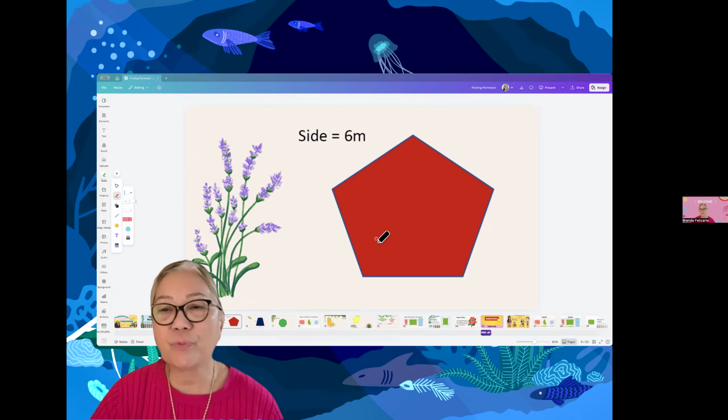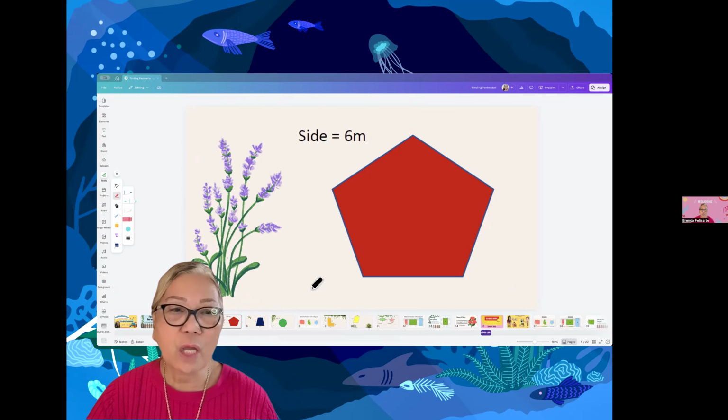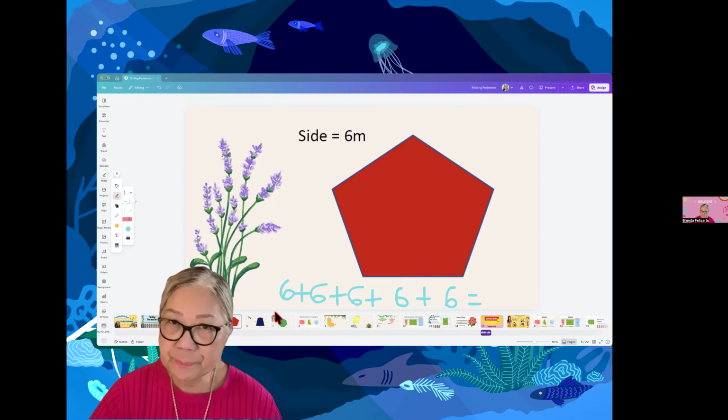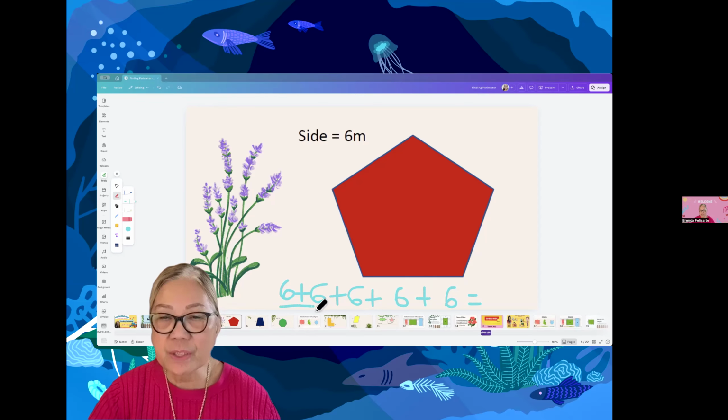Following the formula, adding all the sides, you have 6 plus 6 plus 6 plus 6, one more 6. 6 plus 6 is 12. 12 plus 12 is 24.